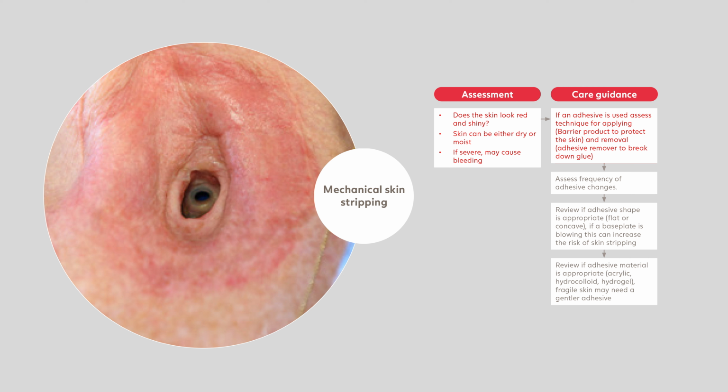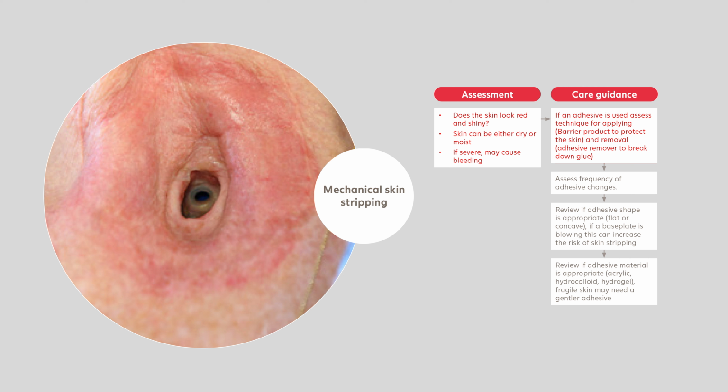We would need to establish whether our patient is using a barrier product, which is a key element when using adhesives, as this protects the skin in the prepping phase. A key aspect in mechanical skin stripping is establishing whether our patient is using an adhesive remover efficiently to break down the glue before removing the adhesive or the base plate.